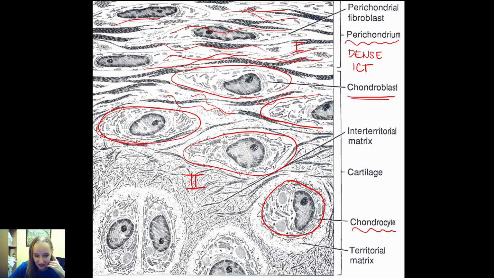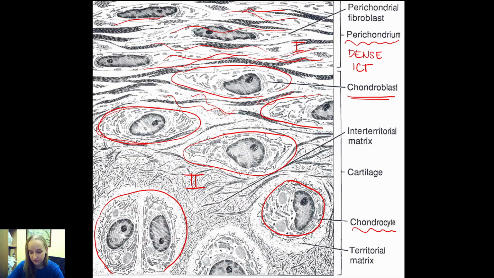They undergo mitosis even more, so they are together here in one lacune, and this is an isogenous group.